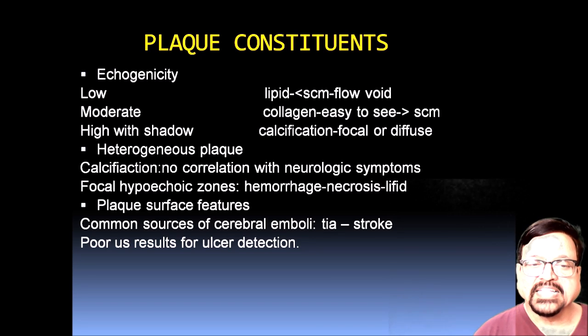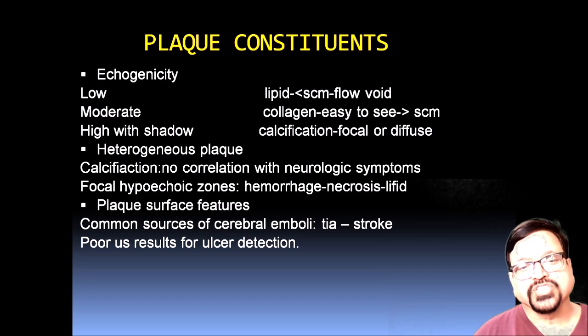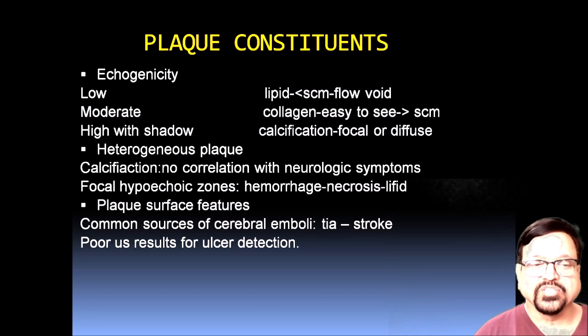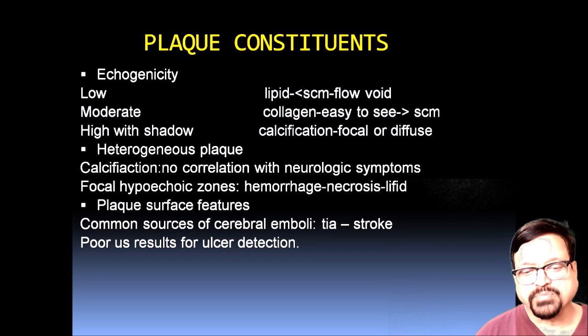Now, these are the constituents of the plaque detected from the sonography. Now, heterogeneous plaques have calcifications. Then they can have focal hypoechoic areas, which indicate hemorrhage or necrosis, and plaque surface features are also a common source of cerebral emboli.